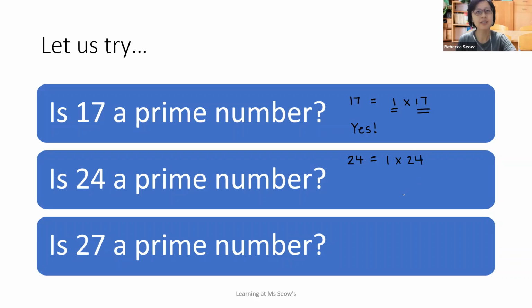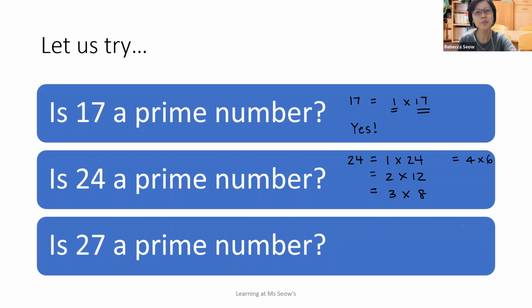Can we find other numbers that multiply to give you 24? Let's run through the times table that we have memorized from primary school. You might have recalled that 24 is 2 times 12. It's also 3 times 8. And it is also 4 times 6, isn't it?